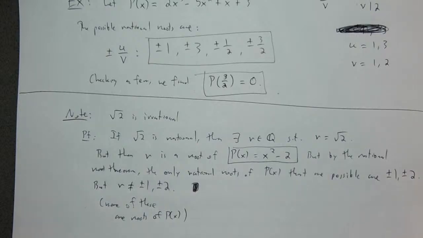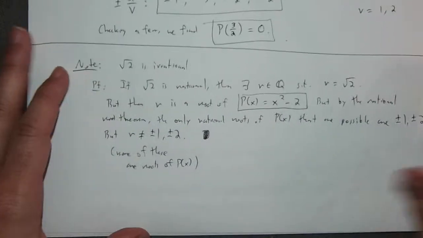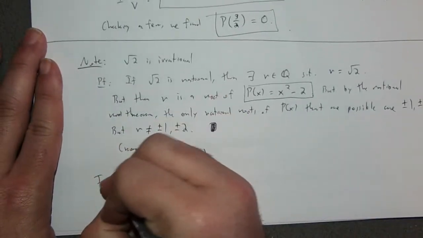Okay. In fact, you can adapt this whole process of using the rational root theorem to prove the more general fact about an integer n that's not a perfect kth power, the kth root of that thing being irrational.